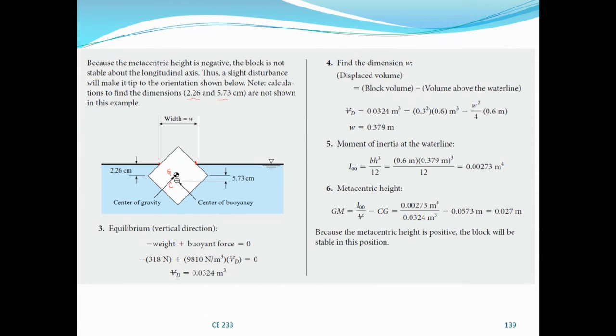We need to make some calculations here. Find W. So the first thing we do is to find W, and then from there, we can find the new positions of the center of gravity and the center of buoyancy.